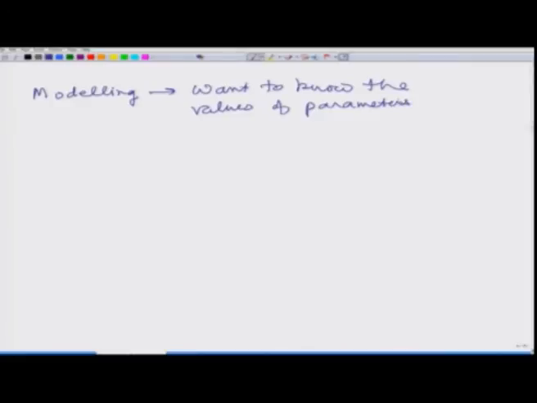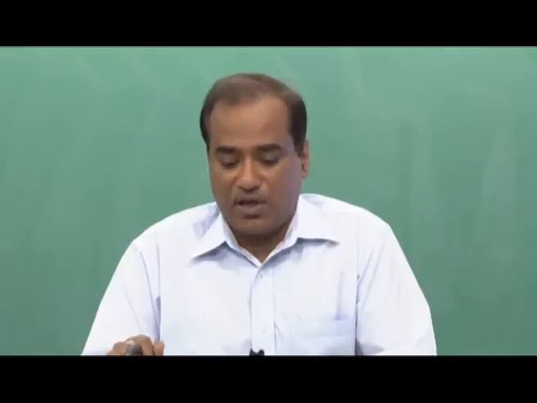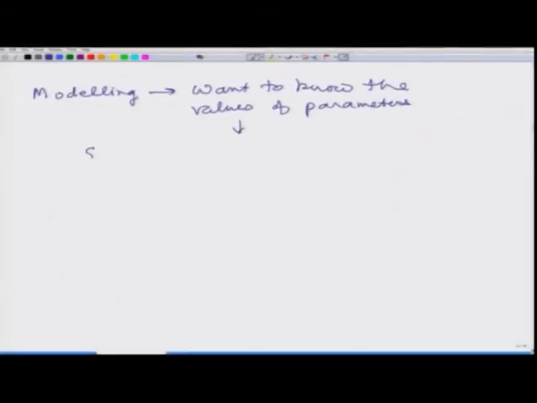The question is, how do we know them? They are unknown to us. They exist in nature, that is okay, but we have no idea. So, in this case, statistical tools help us.